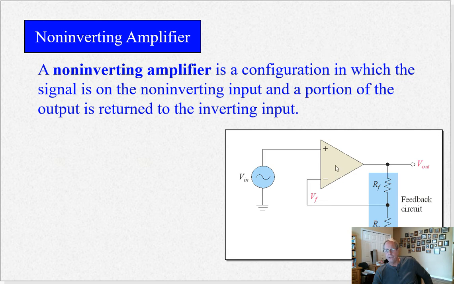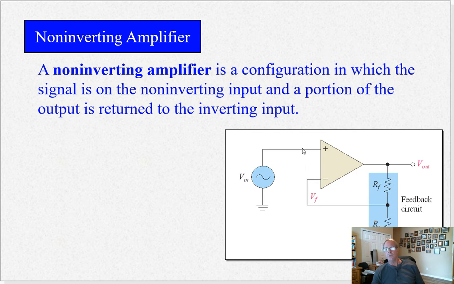And that times that 200,000 produces your output voltage. This feedback circuit feeds back just a portion of that output voltage. So the output has to rise a certain amount to equal this input, and it has to compensate for this voltage divider.